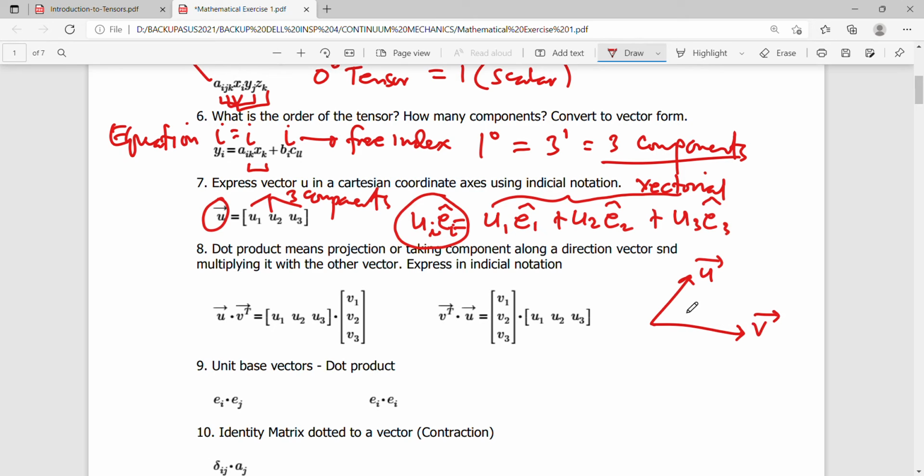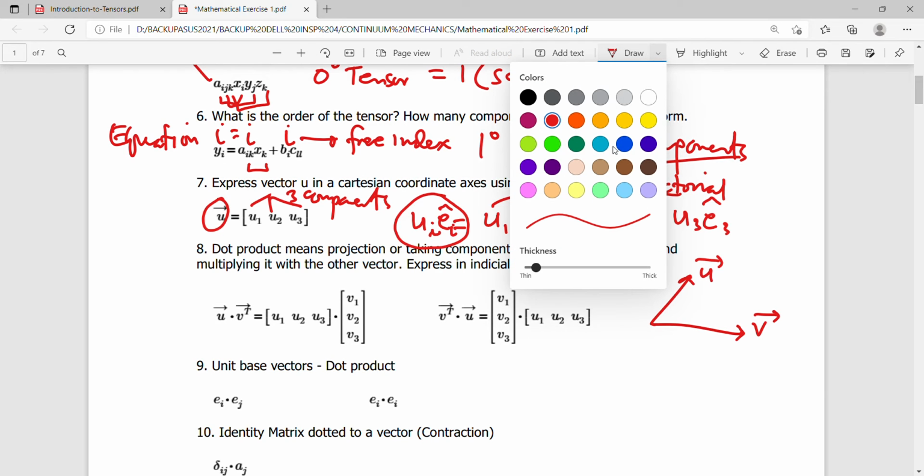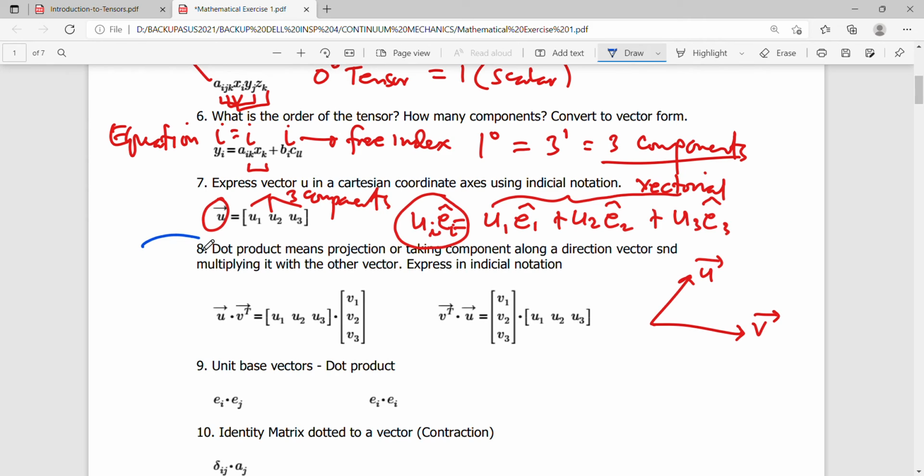So what is my dot product? Dot product is a special multiplication operation.